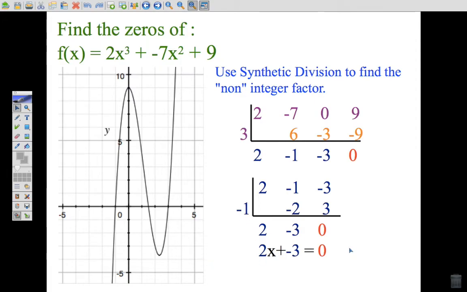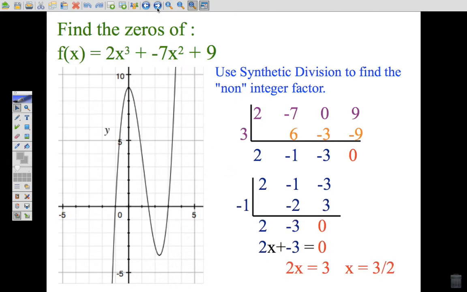But we've worked it down this far with a remainder of 0, so that 0 is equal to negative 3 plus 2x. Once we solve that little equation, add 3 to both sides, divide by 2, we've determined what that third 0 of the function is. It's 3 halves. 1.5, if you want to write it that way, 1 1/2.